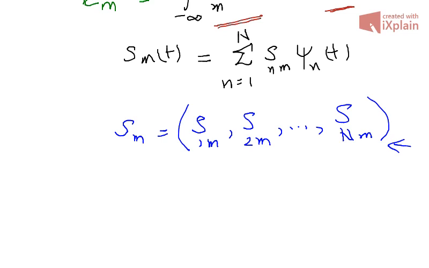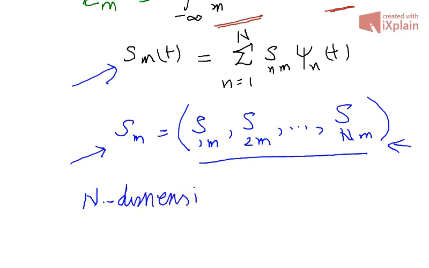It tells us that our signal Sm of t is an n-dimensional signal, so we can draw it in n-dimensional Euclidean space.